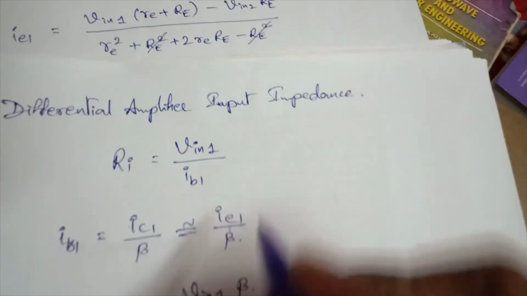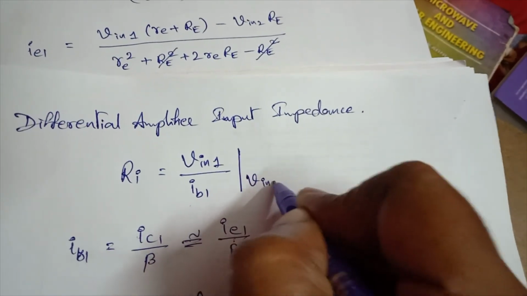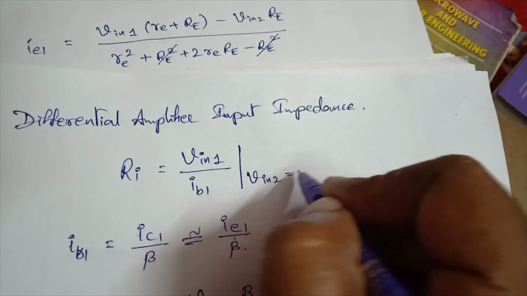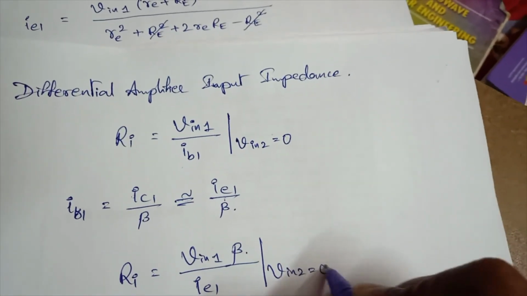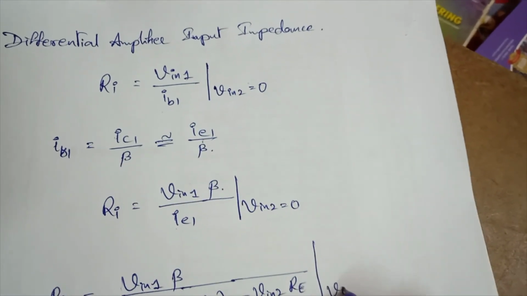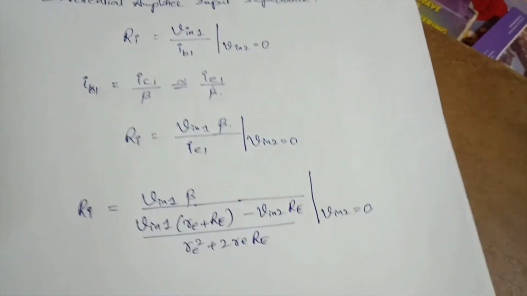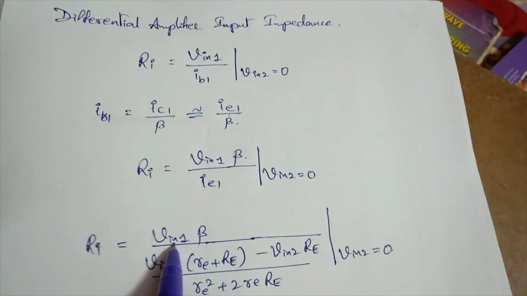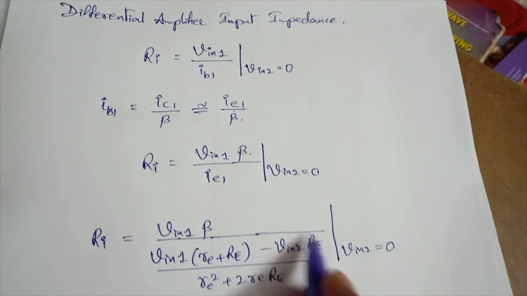While finding the RI value, we make sure that the input voltage of the second source should be equal to 0. So here V in 2 should be equal to 0. Then we are finding the input impedance due to the first source. So now V in 2 make it 0. Therefore this term becomes 0.